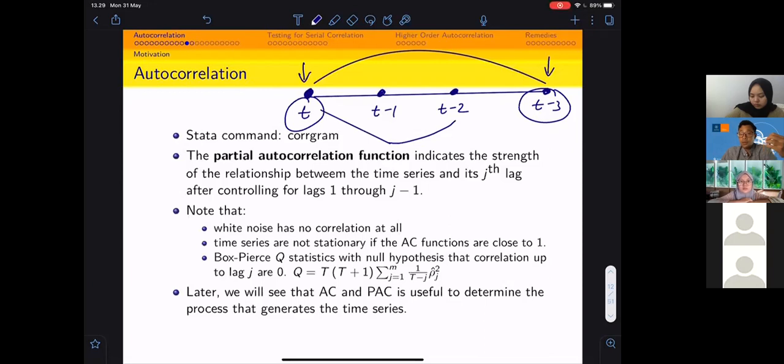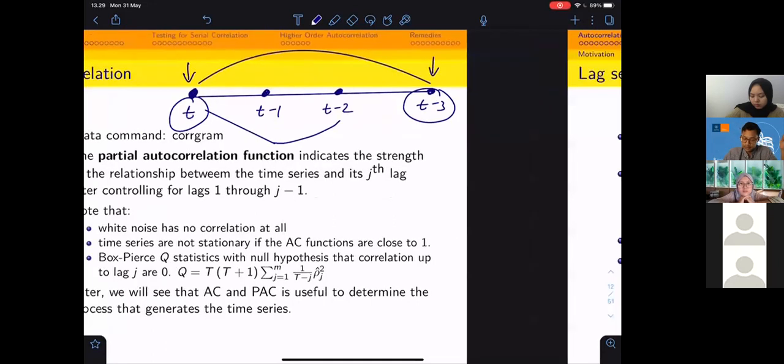But for now, what's important for us is to understand whether or not the observation at period t is correlated with the observation at period t minus j. Okay, and if there is that correlation, then we're going to get the consequences that we discussed in the previous slides.